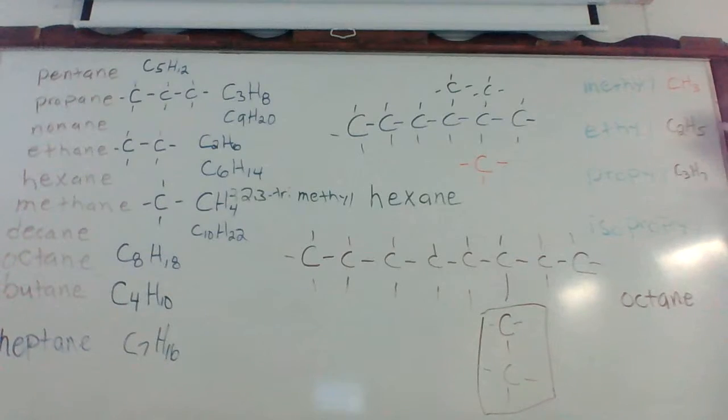So one less hydrogen makes it a derivative rather than an alkane. That's all we're saying there. Okay? So what would we do if we had 8 hydrogens here? It'd be propane, but it's not 8 hydrogens, it's only 7. So therefore it's a derivative of propane. That's what we call a propyl group.